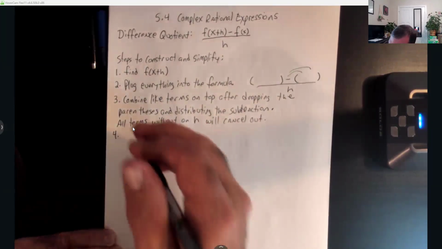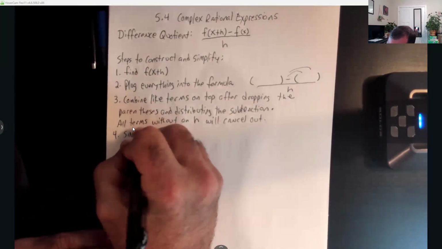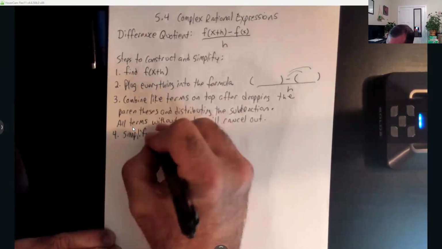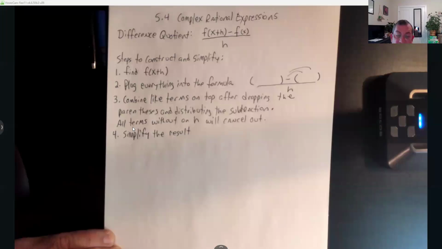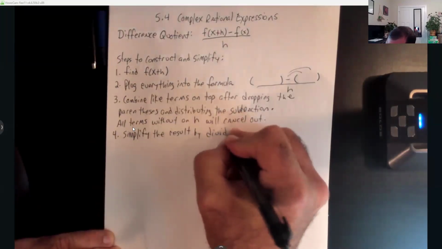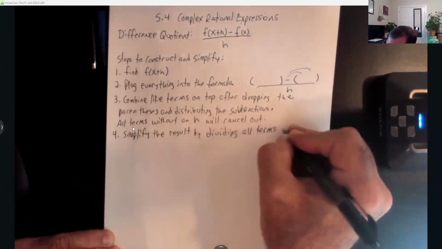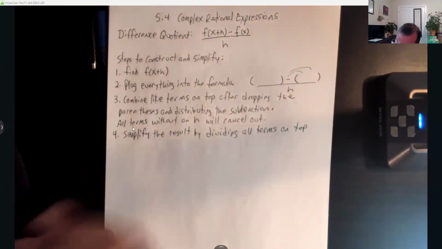So at this point, the last thing we do is simplify the result by dividing all terms on top by the h on the bottom.